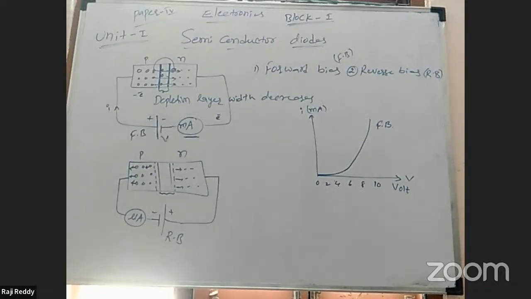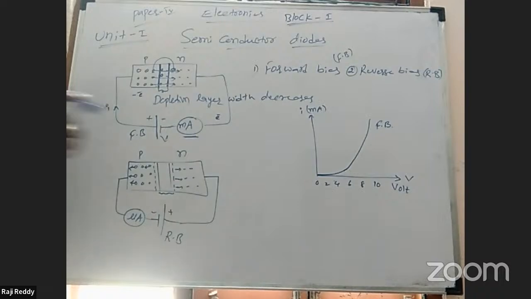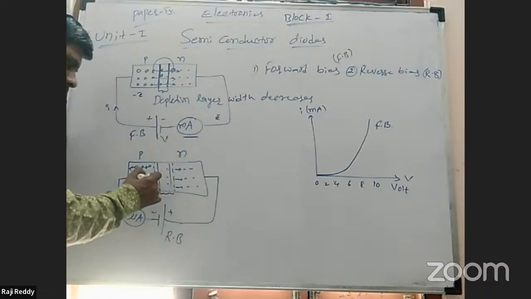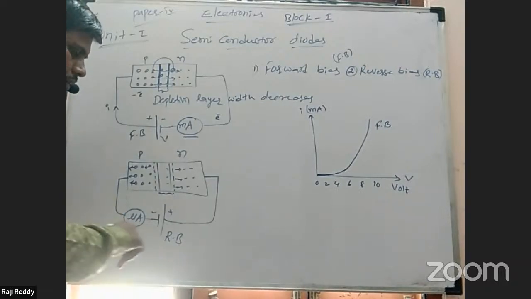That's why the maximum number of electrons won't move from the n region to the p region. Fewer electrons jumping means less current flows in the circuit. That current is measured in microamperes.